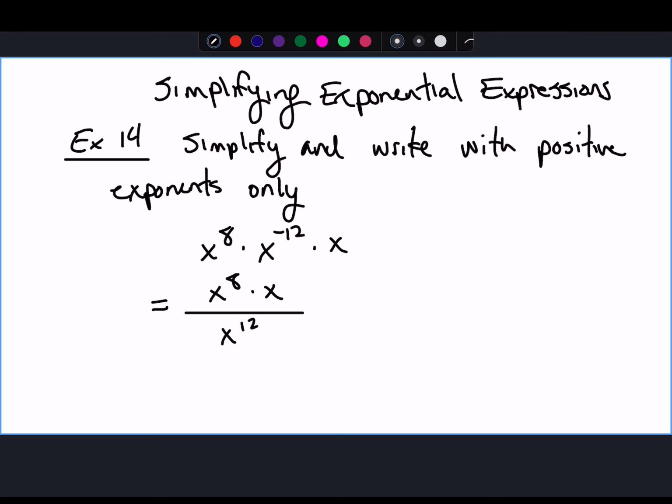Any questions as to how we got that? We moved the x to the negative 12 to the bottom and made the exponent positive. Okay, now in the numerator we have x to the 8th times x. What does that give us?